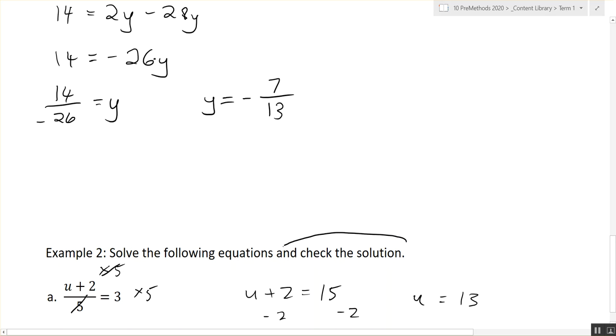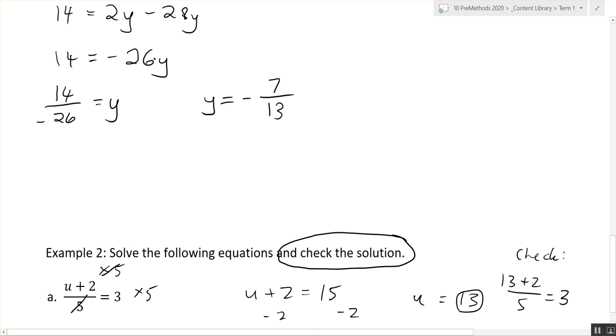Now this question says, and check your solution. Do you guys remember doing that before? Very good. So wherever you see the u, you put that number. So it's 13 plus 2 over 5 equals 3.